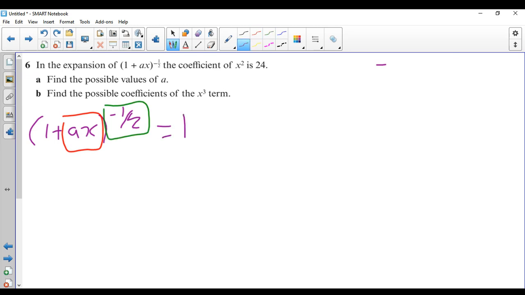1 plus. Now, looking ahead, I need an x squared, but it also mentions x cubed, so I'm going to go all the way up to x cubed.